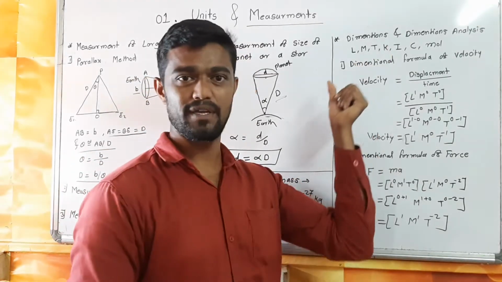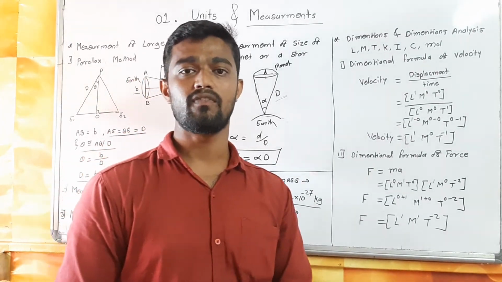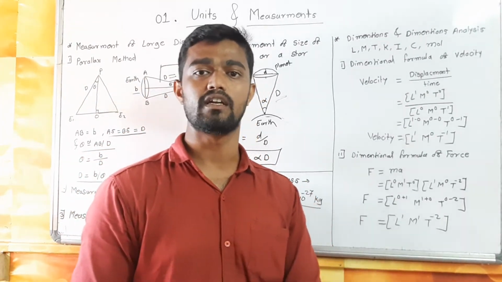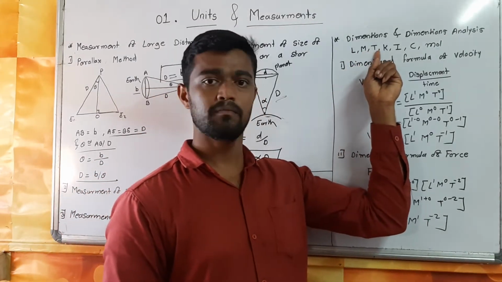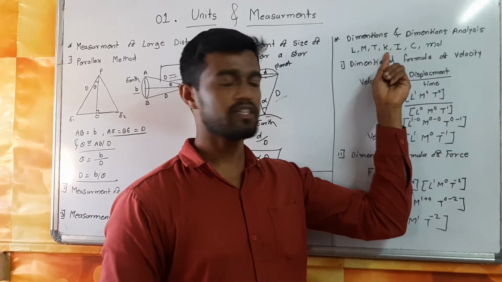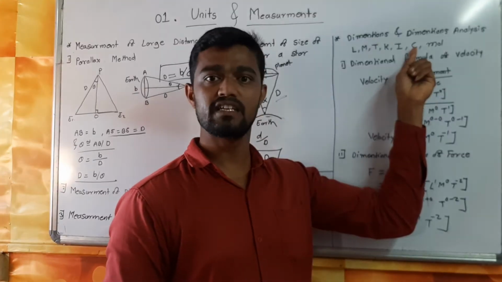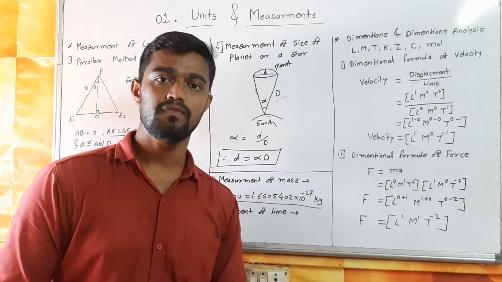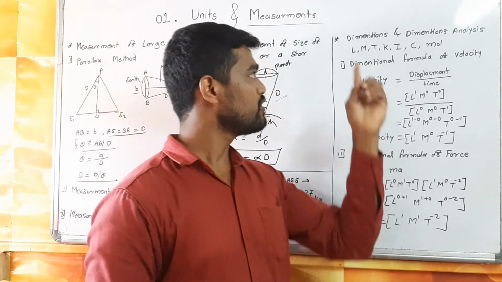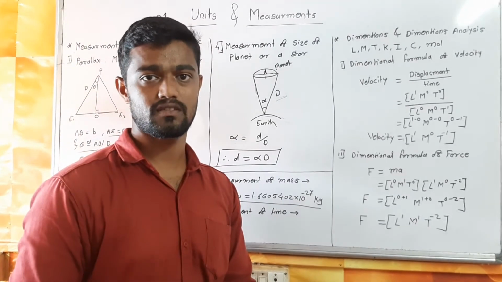So it is called dimension. Dimension depends on your fundamental quantities. There are 7 fundamental quantities: first is length, second mass, third time, fourth temperature, I is defined current, C is defined intensity, and mole is defined amount of substance. We use these 7 fundamental quantities to find out the dimensions.